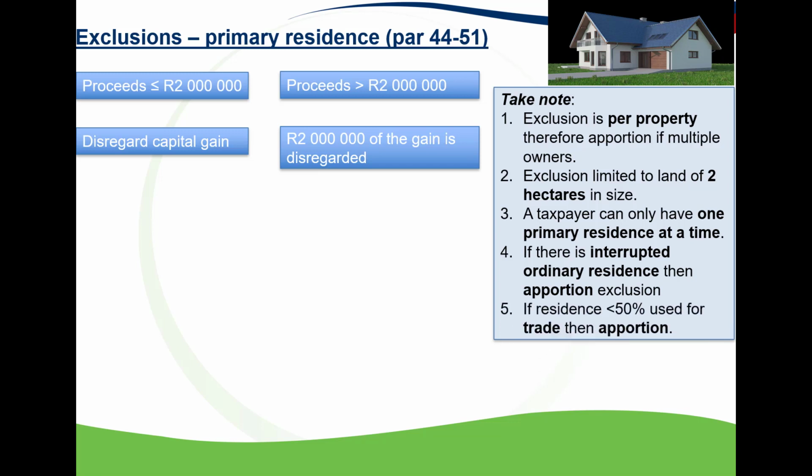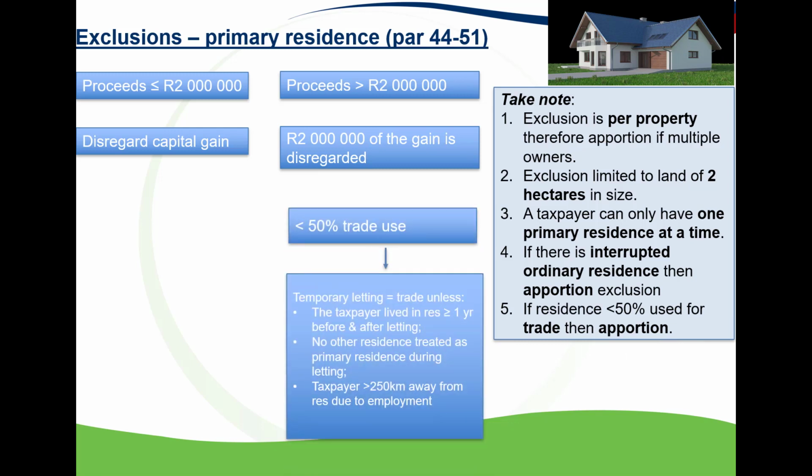Please note that temporary leasing is trade unless the taxpayer lived in the residence for at least a year before and after letting the property, no other residence was treated as a primary residence during the letting, and the taxpayer is required to be away from their primary residence due to employment, at a distance exceeding 250 kilometers.